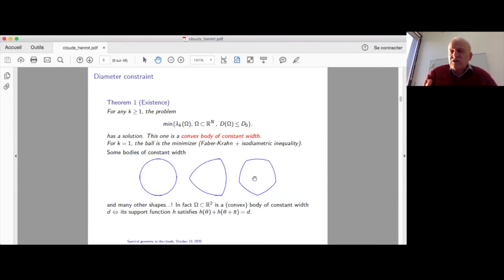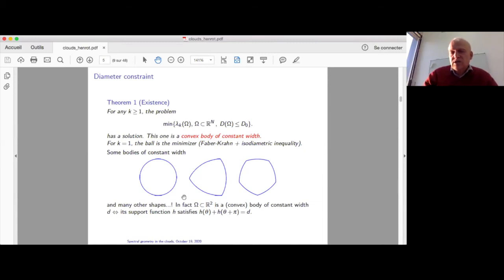And even if it is not completely intuitive at the beginning, a body of constant width, by definition, is a convex body for which the width, which is the distance between two supporting planes, has to be the same in any direction. And if it is counterintuitive, actually there are many bodies of constant width, and a way to see that, and we will come back to that later, is to consider the so-called support function of a convex body, which is the distance between the origin and the supporting plane.